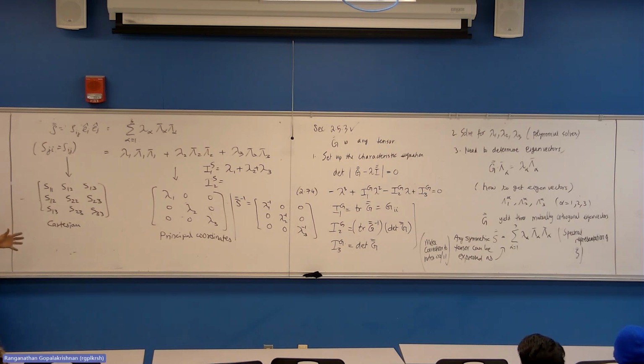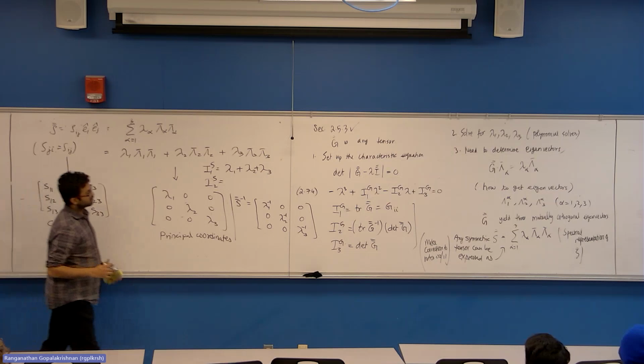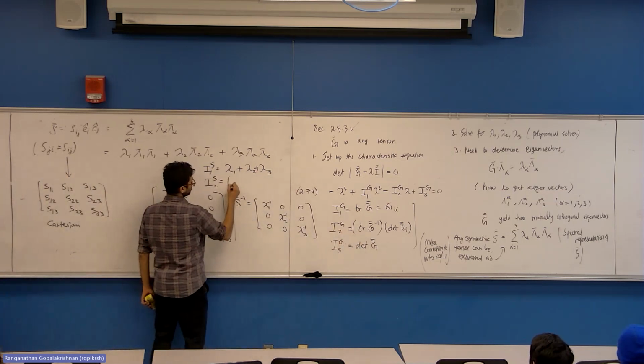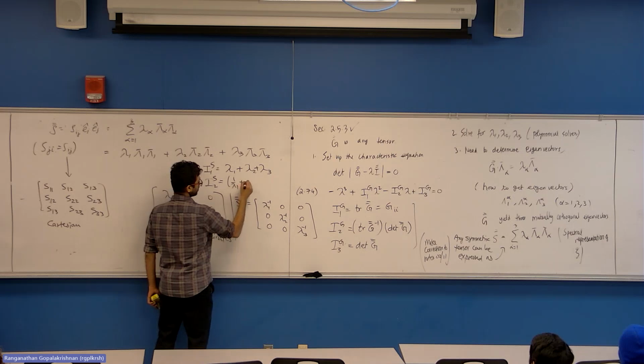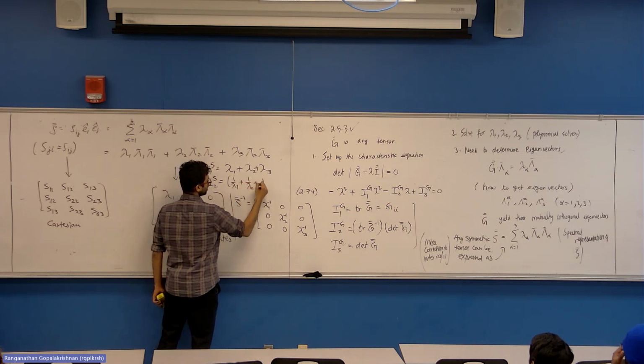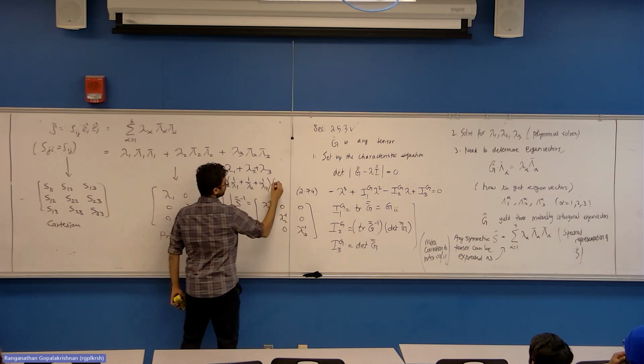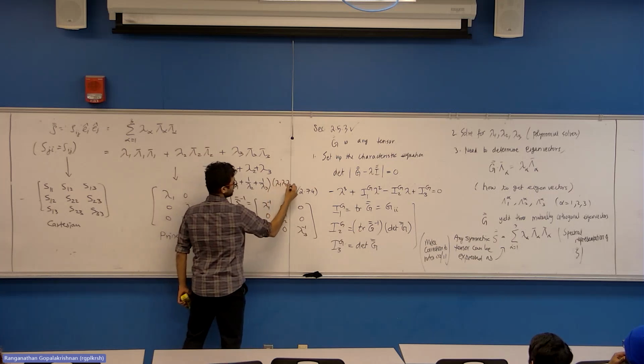Assuming in general none of the lambdas is 0, what is the trace of the inverse? That would be 1 over lambda 1 plus 1 over lambda 2 plus 1 over lambda 3, multiplied by the determinant, which is lambda 1 lambda 2 lambda 3.